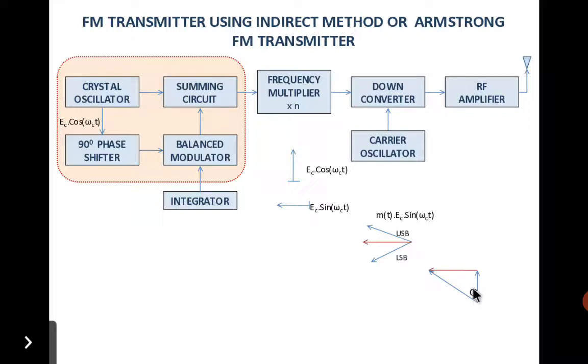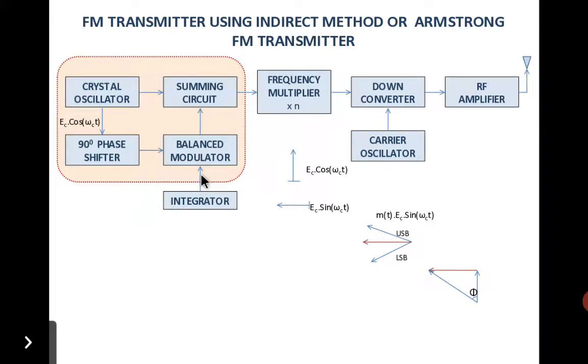That is, as the amplitude of the message signal increases, the phase angle phi increases. So here we can tell that m of t is directly proportional to phi of t. That is, when we give m of t as the input to this phase modulator, the output of the phase modulator will be a phase modulated output.